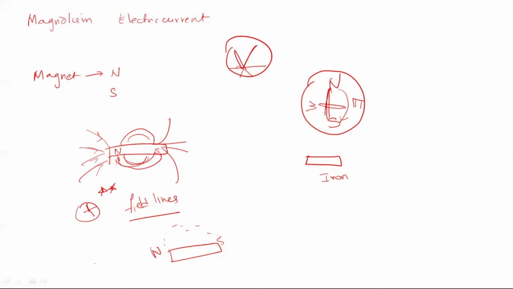So now, magnetic field due to a current carrying conductor. Magnetic field due to a current through a straight conductor.